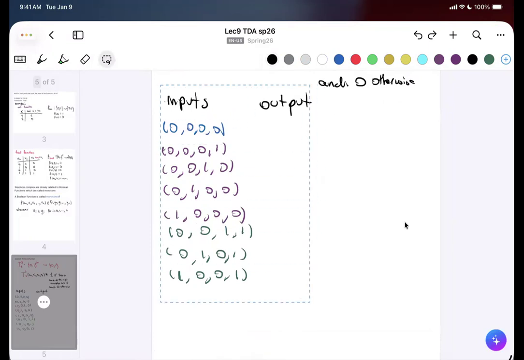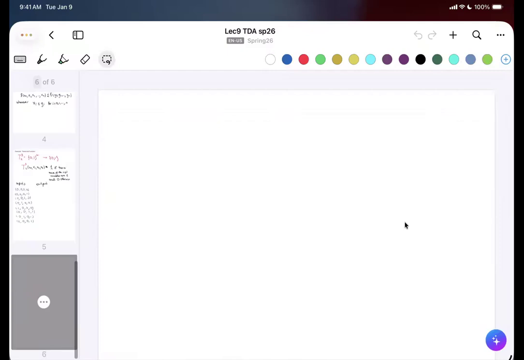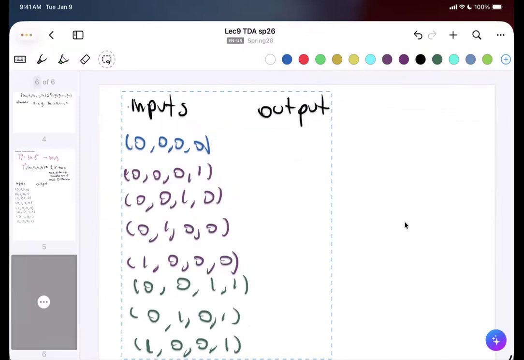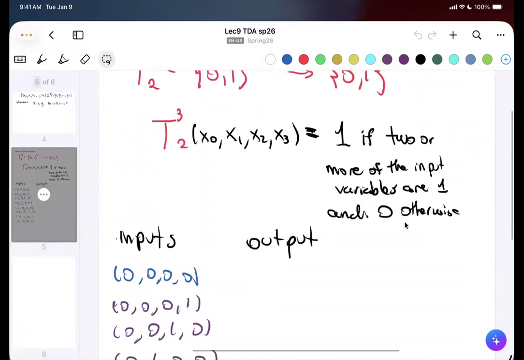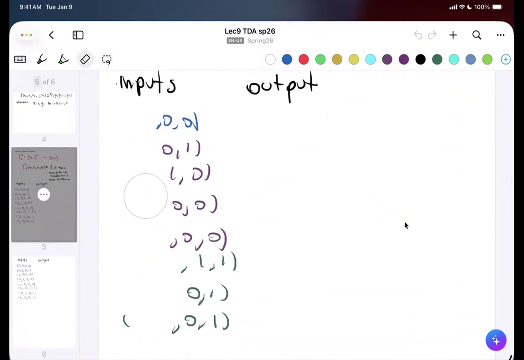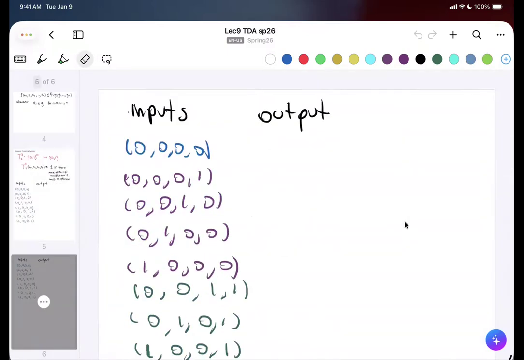Sorry, I'll go to the next page so that I have more space, and let me erase this here.